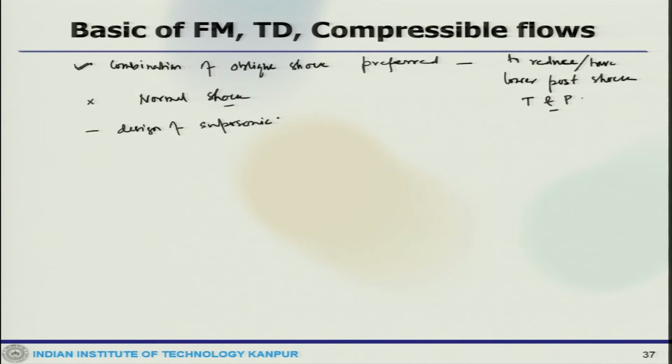So, this combination is a good choice for the design of supersonic aircraft, especially the intake portion, which is wedge shaped to compress the air into the combustion chamber while minimizing the thermodynamic losses.